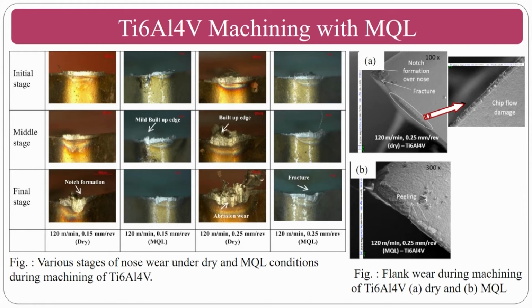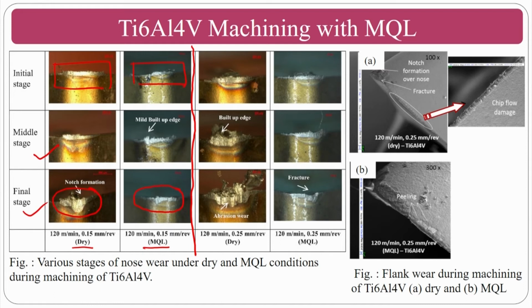If you see the initial stage, with respect to dry and with respect to MQL, I can drop a line like this. The dry one you can see here, while with MQL you can see very little. Similarly, the middle stage and the final stage: you can see in the final stage how drastically the wear takes place because of dry machining, and how much reduction there is using MQL.